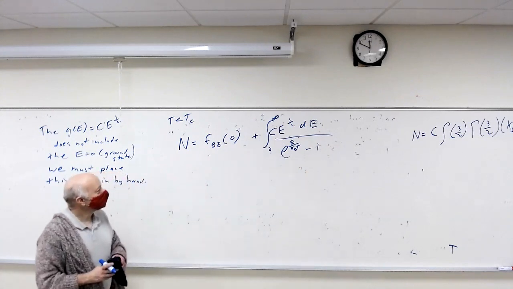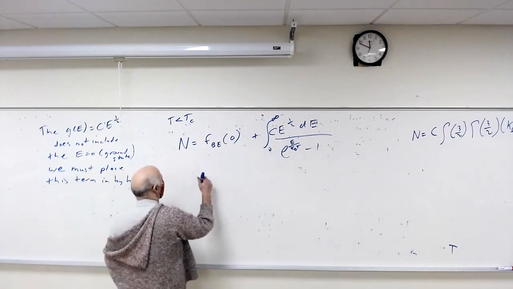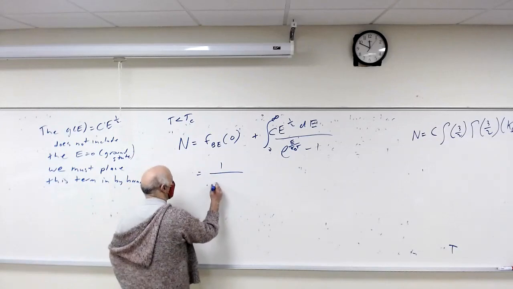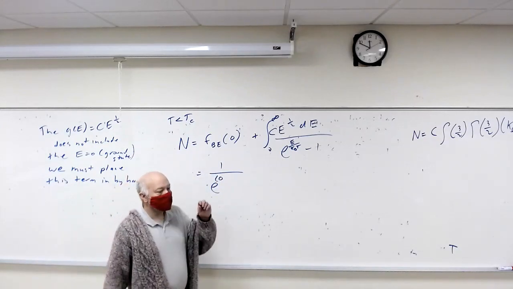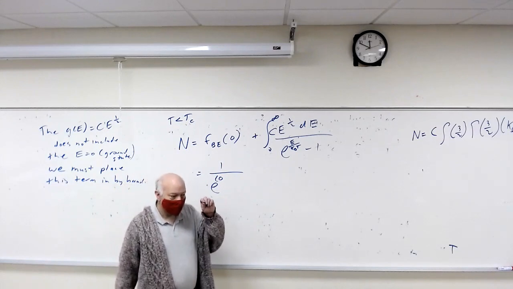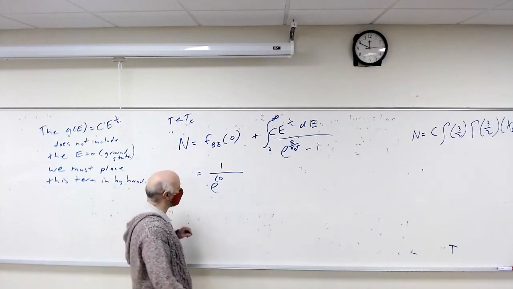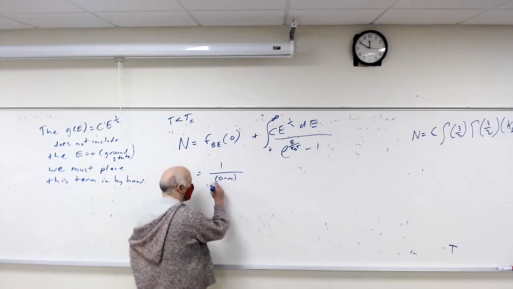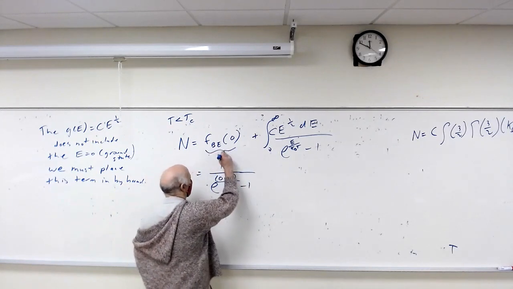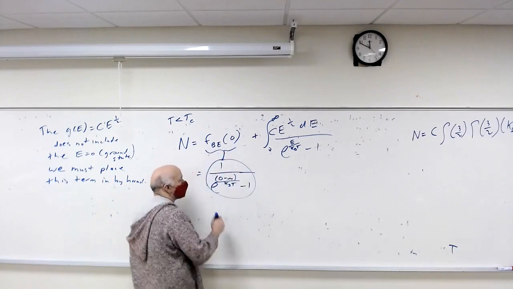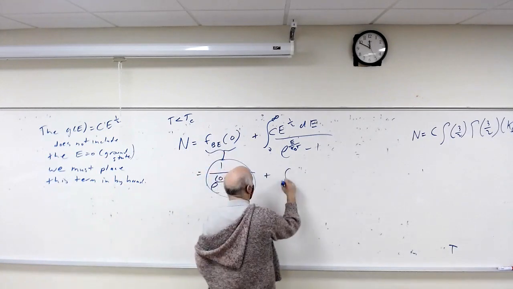Okay, thank you. So what is this guy here? This guy here is 1 over e to the minus mu over kBT, minus 1, because that's your E equals 0. Now again, mu isn't 0, but it's really, really close to 0. That's what this term is here. Then plus this other guy.